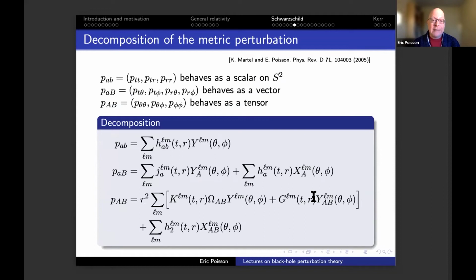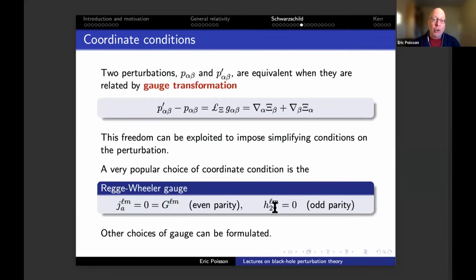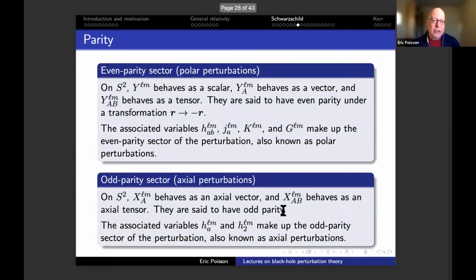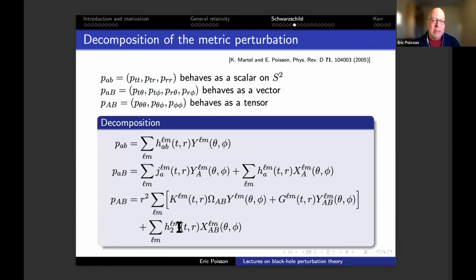I will make it simpler. And also part of that freedom is the freedom to set H2 to 0. So that was the coefficient that lived in front of XAB down here. So I can dramatically simplify the appearance of the perturbation by relying on this coordinate freedom that I have.